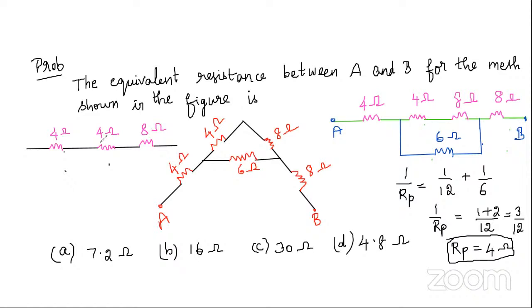Now all the resistances are in series. So what is the total resistance now? The total resistance R is equal to 4 plus 4 plus 8. That will be 16 ohm. And option B is the right answer for this question.